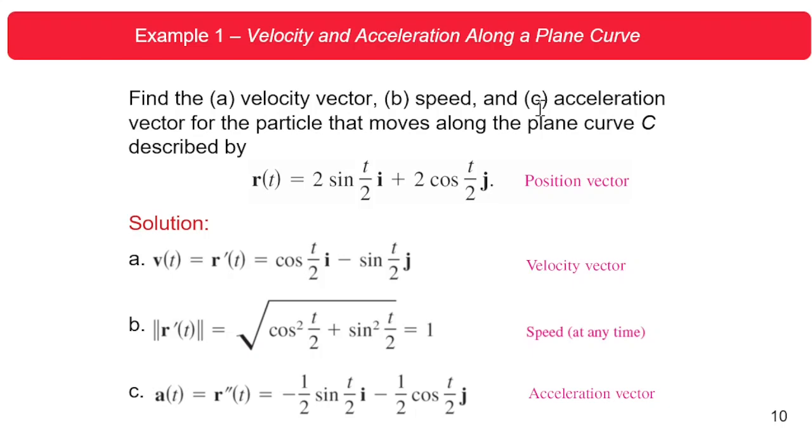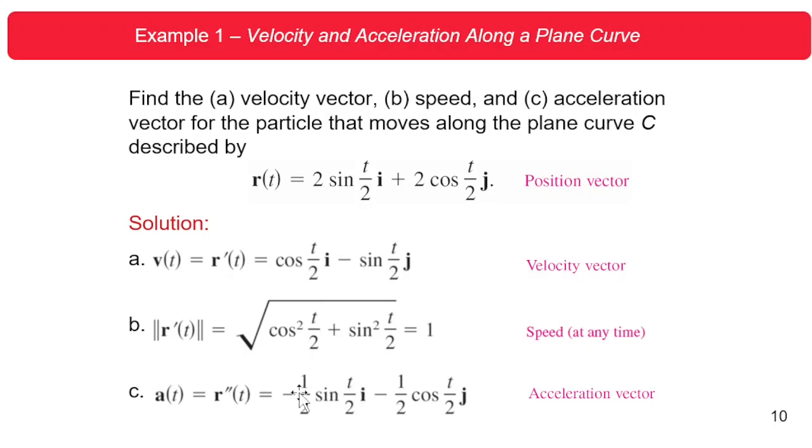The last part is to find the acceleration vector by taking the second derivative of r of t. We define a of t as the second derivative of r of t. If this is the first derivative, the second derivative is obtained by taking the derivative of the velocity. Recall that the derivative of cosine u is negative sine u times the derivative of u, and the derivative of t over 2 is 1 half.